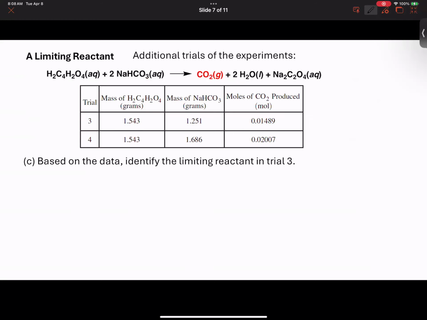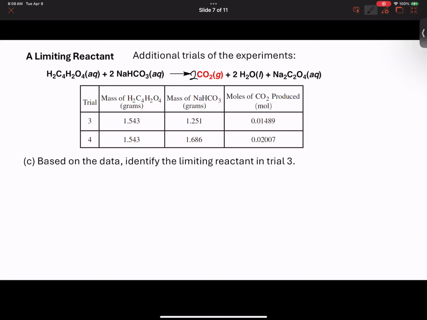Now, in trials 3 and 4, the amount of maleic acid is kept the same, but when we use more sodium bicarbonate, the moles of carbon dioxide produced also increased.